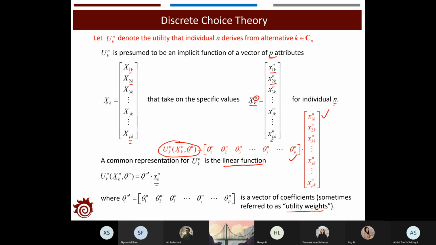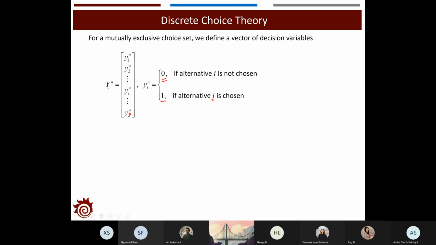Utility is just some value we defined to make a comparison about different alternatives or different choices. It does not have any physical meaning. What we have is the decision. It's either 0 or 1 for each mode.